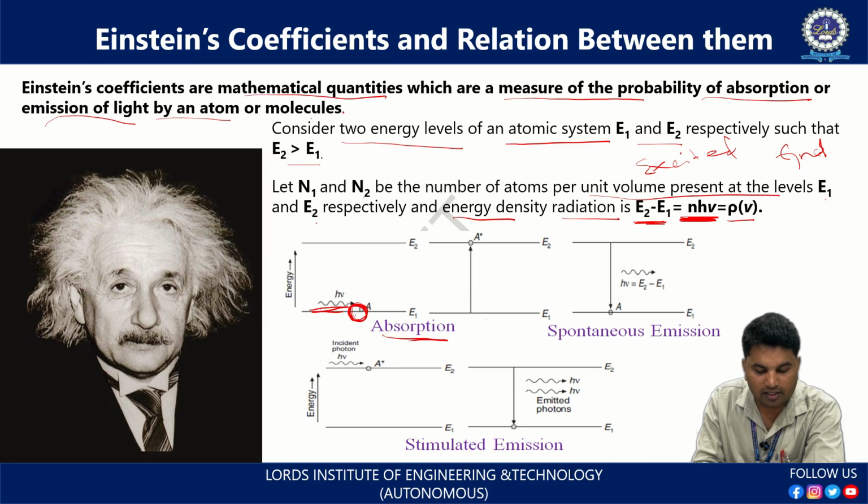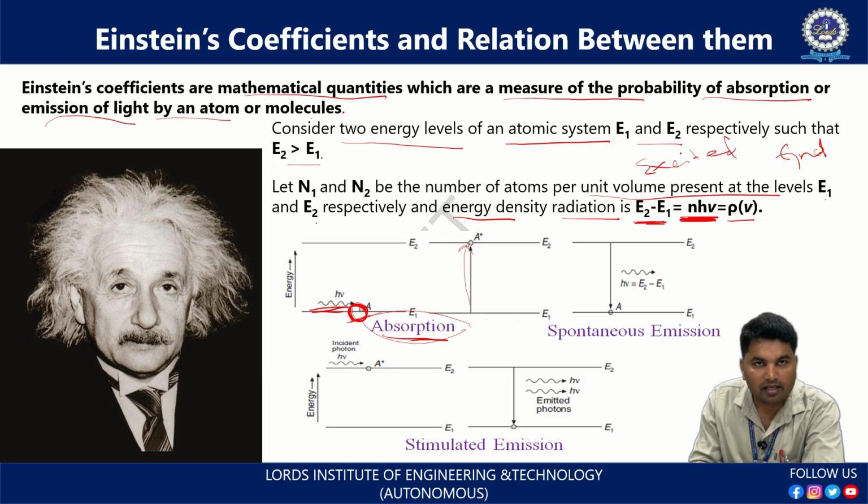So in this case one, a photon of energy is absorbed by the atom in the ground state and moved to the higher energy state, such as the excited state. This phenomenon is termed as absorption.